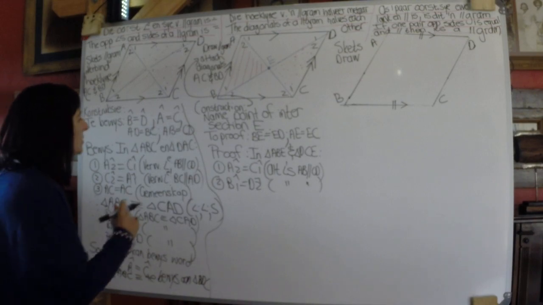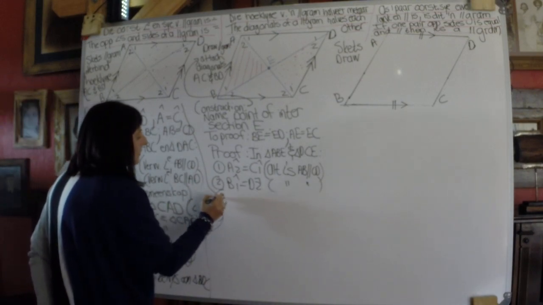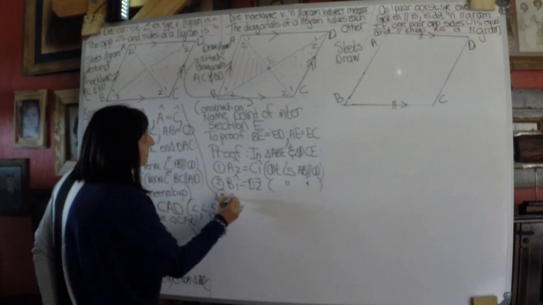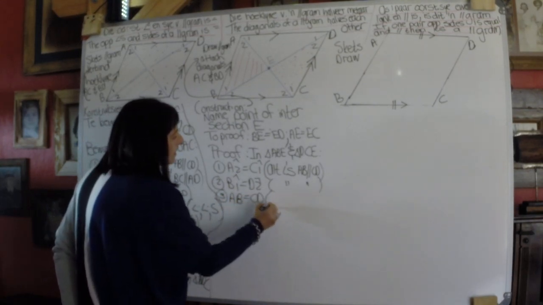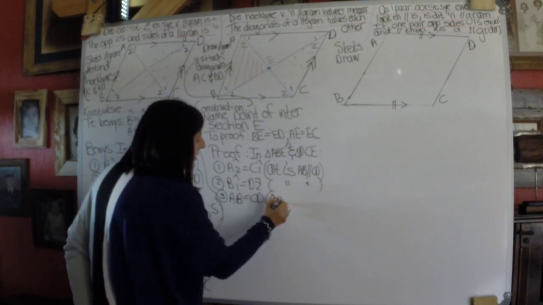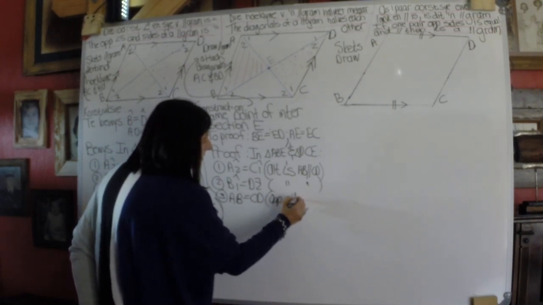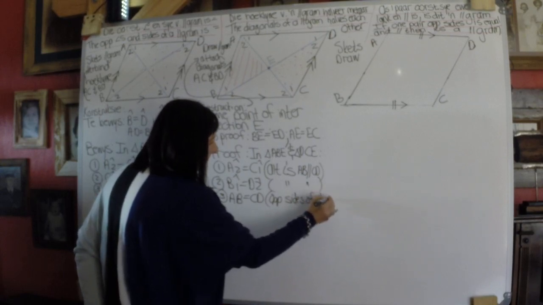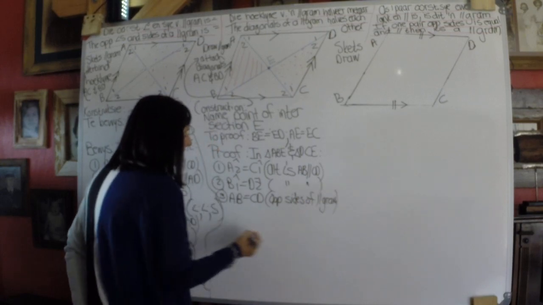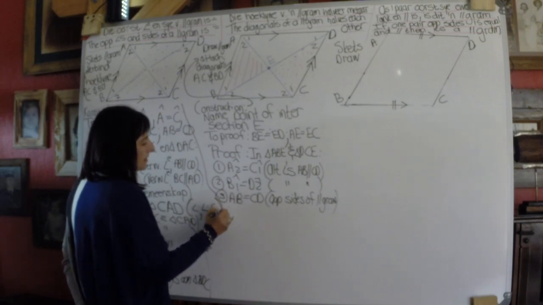So now we're going to use the parallelogram's opposite sides. AB equals CD because it's opposite sides of a parallelogram. And now again, we've proved congruency.